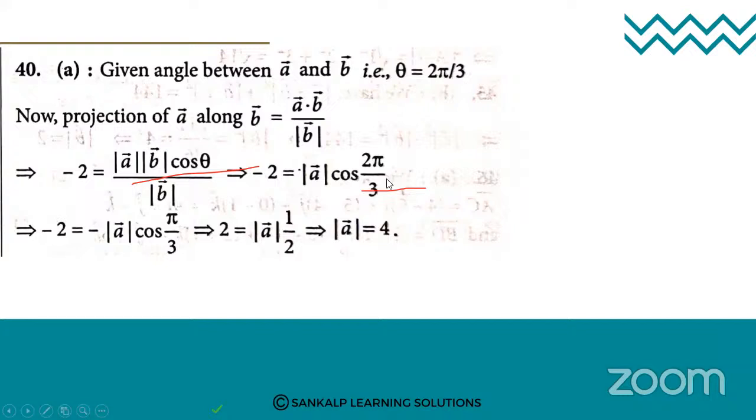So on simplifying, we get mod A times cos 2π/3 equal to minus 2.